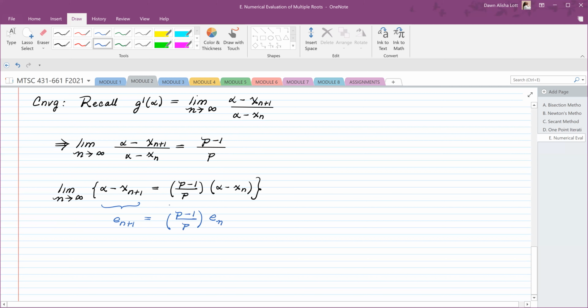So therefore, it's linearly convergent, and the rate of convergence is (p minus 1) over p.